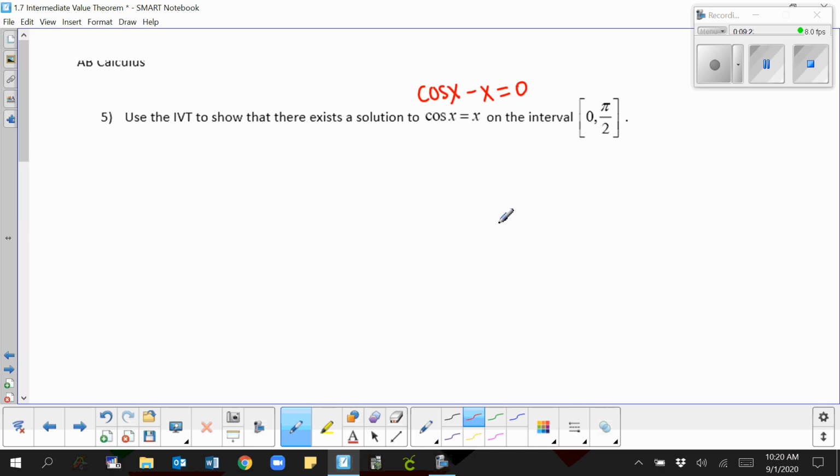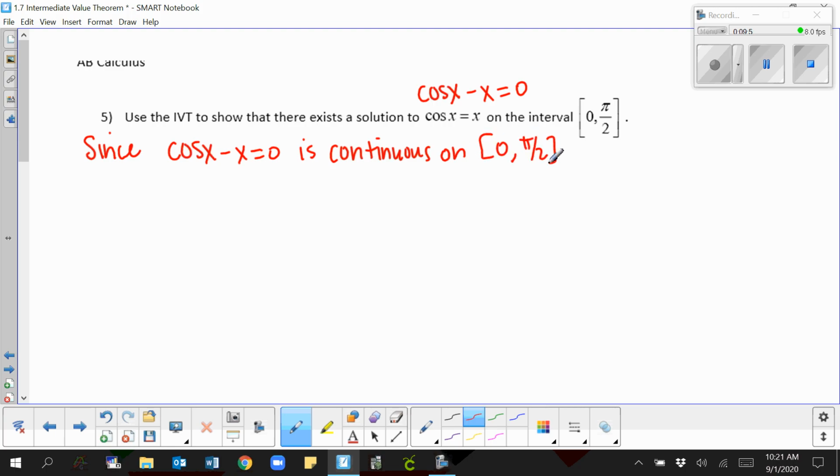So first, you need to say that this is continuous, which this one is a continuous function. So I'm going to say, since cosine of x minus x equals 0 is continuous on our interval 0 to pi over 2, now I need to check what is the cosine of x minus x when x is 0 and when x is pi over 2.